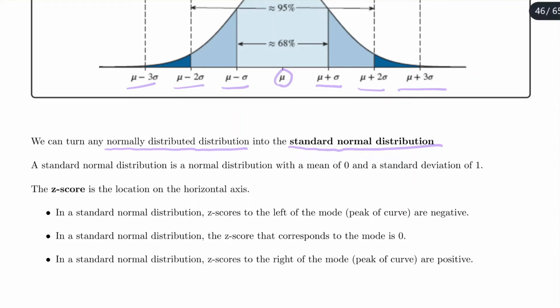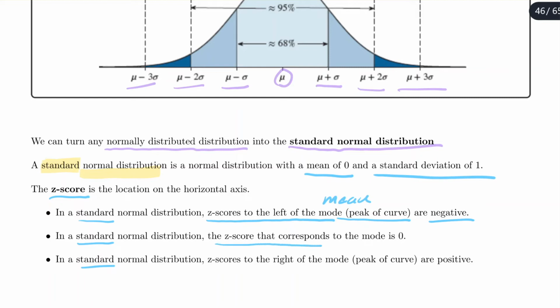So the new word is standard here. What is the standard normal distribution? A standard normal distribution is a normal distribution with a mean of 0 and a standard deviation of 1. And what this allows us to do is use a z-score, because a z-score refers to the distance from the mean. In a standard normal distribution, z-scores left of the mode, or the peak of the curve, which is also the mean, are negative.